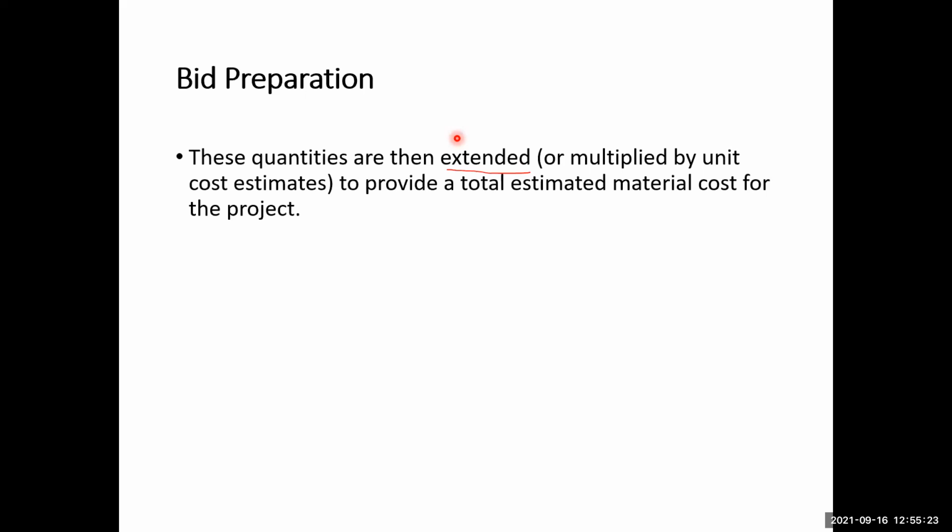Okay? So 100 cubic meter multiplied by $1,000 per cubic meter of concrete. Then that process will be called as the extended. Okay, extending the quantities. So this is a construction estimating term which we are using over here. So this will be the total estimated material cost for the project.